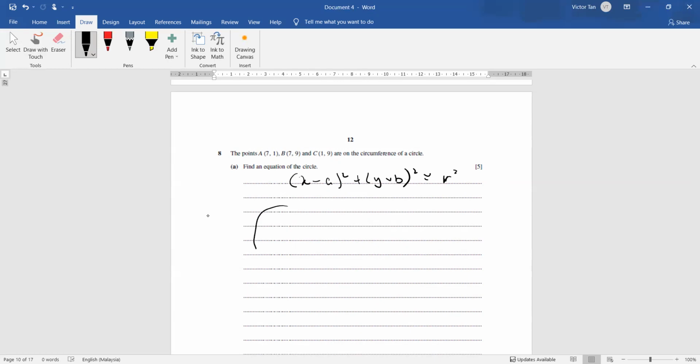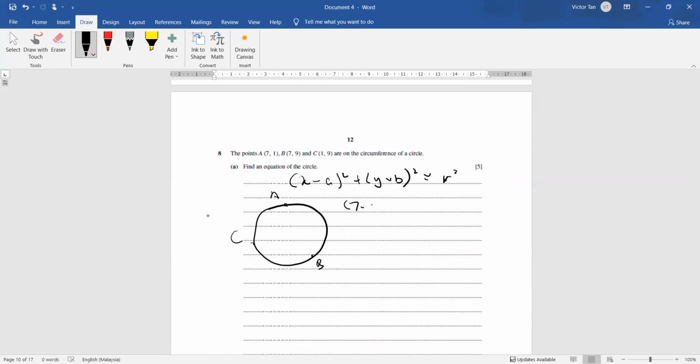So this is the circle, and there are 3 points, A, B, and C. A, B, and C are on the circumference of the circle. So you must find what a, b, and r are by substituting the 3 points on the circle, to generate 3 equations.